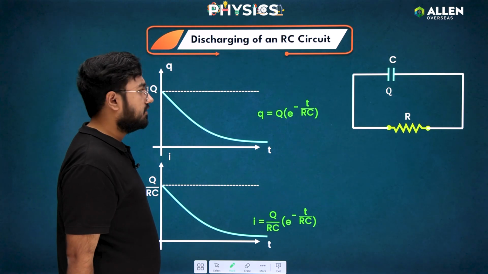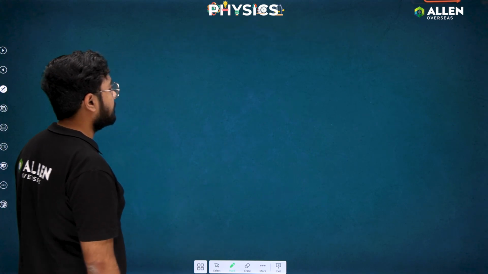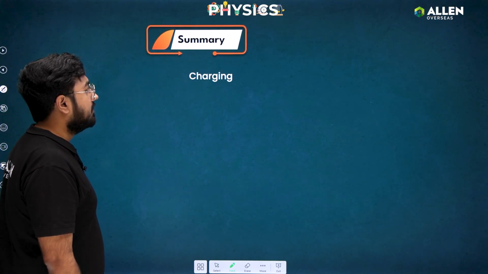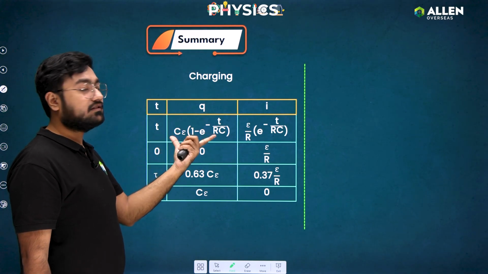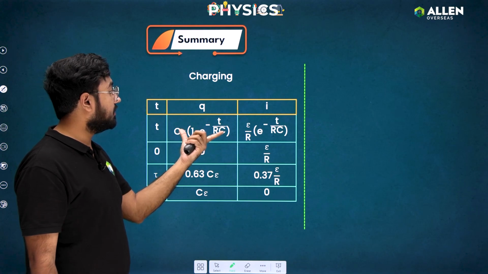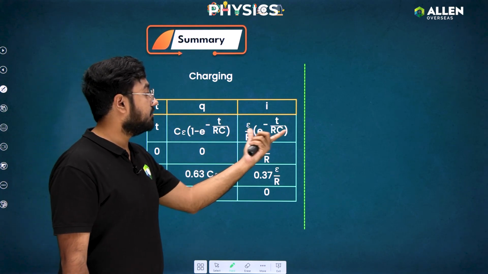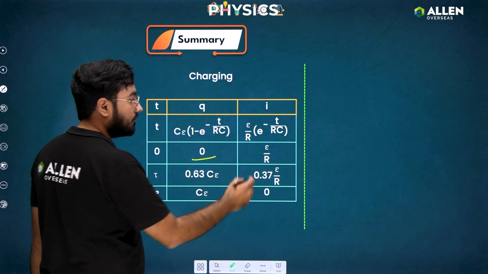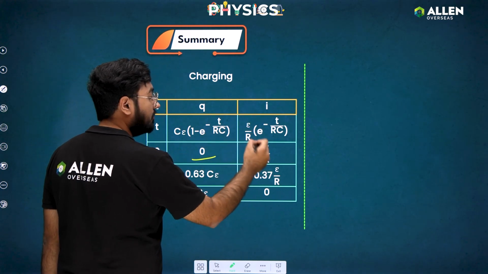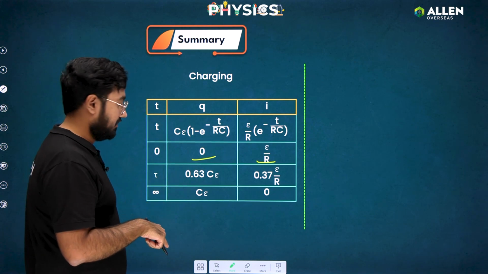Yeah, let us summarize. For charging case, you have at any time t, q is C times 1 minus e to the power minus t by RC, I is E by R e to the power minus t by RC. When time is 0, charge is 0. When time is 0, current is E by R, right?